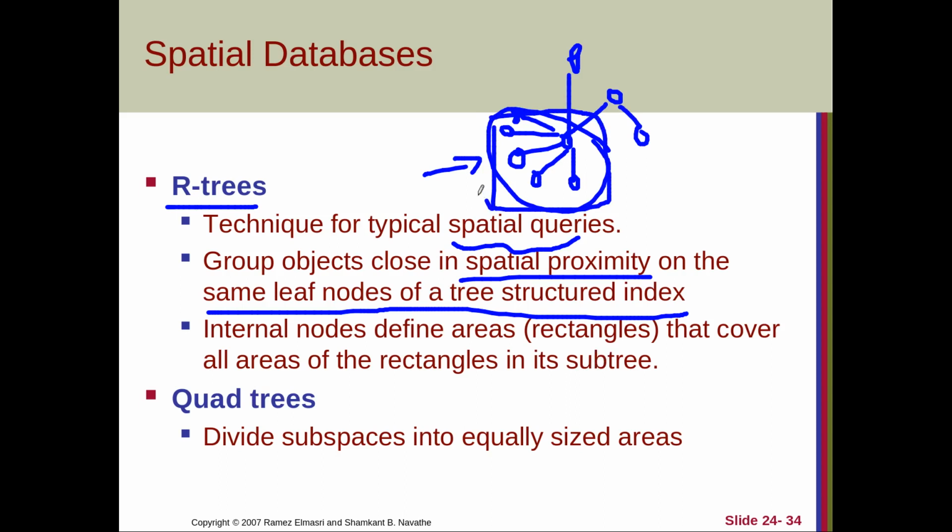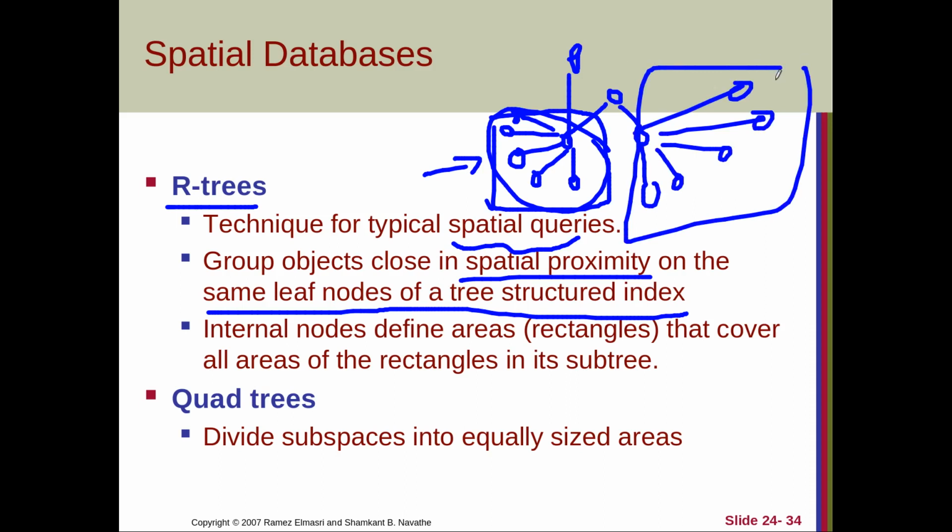So the internal nodes represent spatially closer objects together within a particular leaf. Similarly, some other leaf will have several objects that are connected, which are closer to that particular area. So this is the representation in R trees.